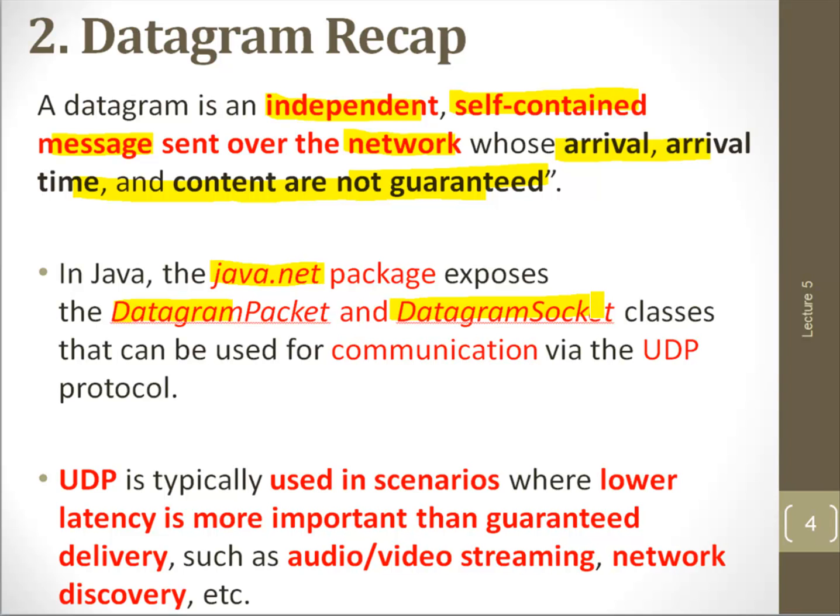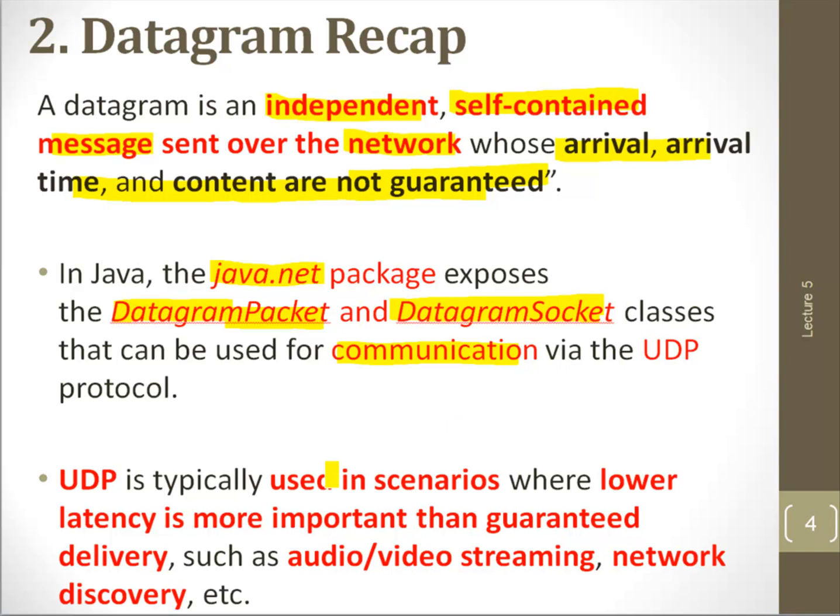DatagramPacket is the class used to create a datagram packet, and DatagramSocket is the class used to create a datagram socket. We can use these two classes in Java for creating UDP sockets.